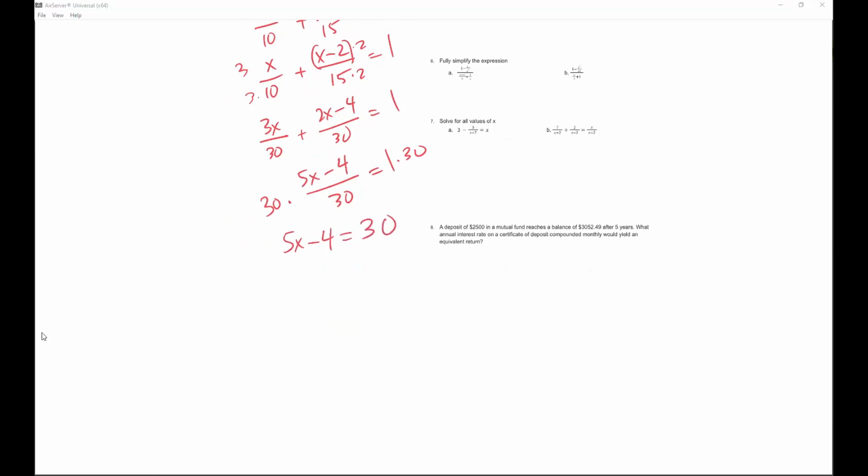Add 4. Divide by 5. X is equal to 6.8, which then equals 6 hours and 48 minutes. 0.8 of an hour is 48 minutes, so it'll be 6:48 p.m.